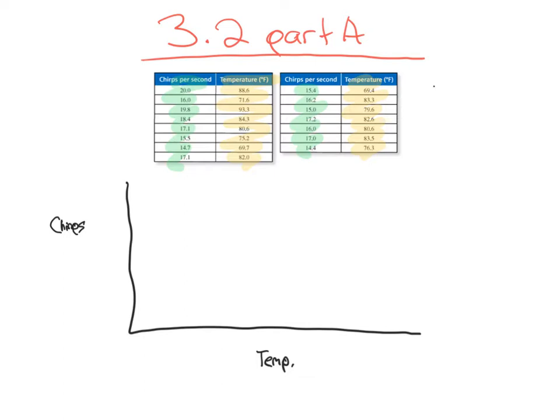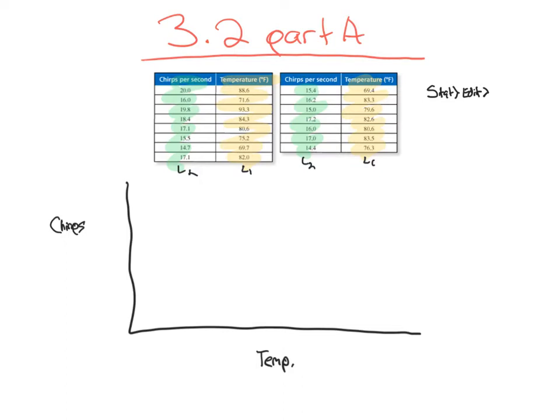Let's go to the stat button, then go to the edit button, and then we're going to put in L1, L2. What you need to make sure of is that I'm putting what you see in yellow in L1. I'm going to put what I see in green in L2. So this is all the data set, just broken into two different sections, L1 and L2.